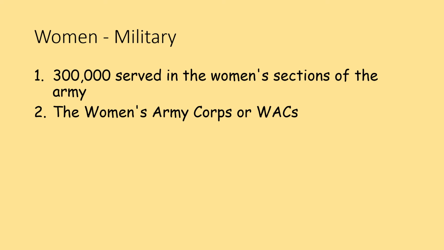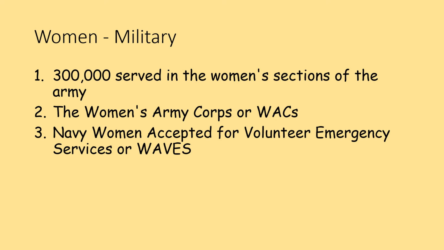We also had the same in Britain as well, with the same name as well. There was also in America the Navy Women Accepted for Volunteer Emergency Services, or the WAVES. I love the fact that the Navy part for women was known as the WAVES. A nice easy one to remember, a nice visual with the sea and the waves and the Navy and everything like that.